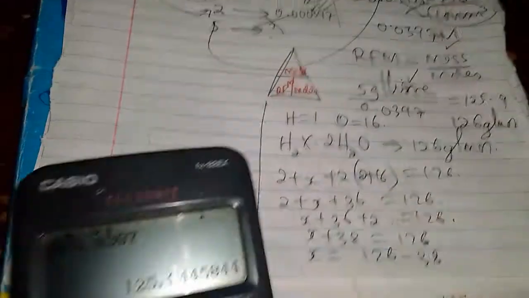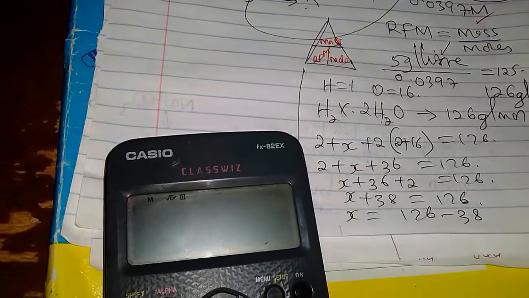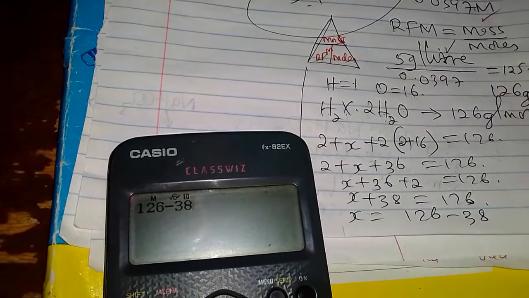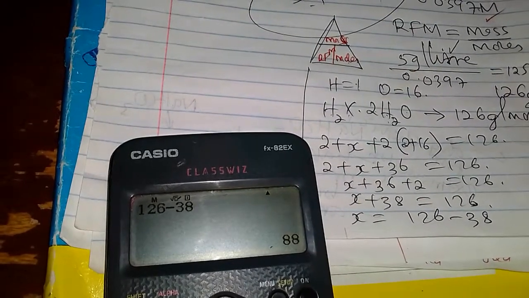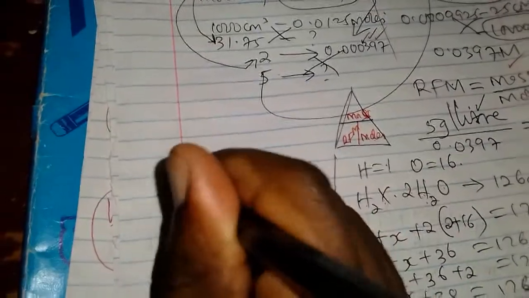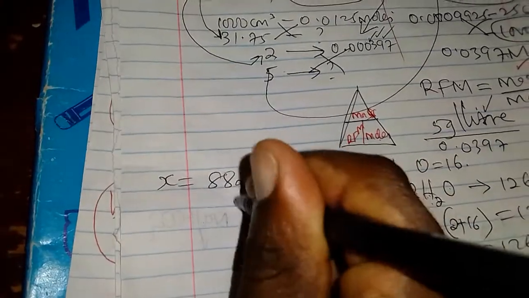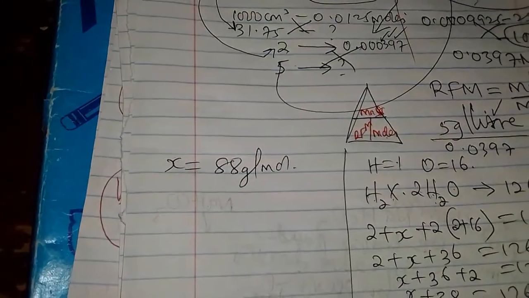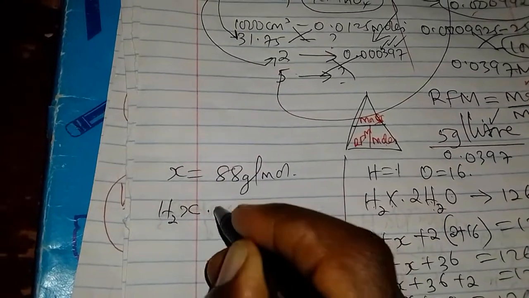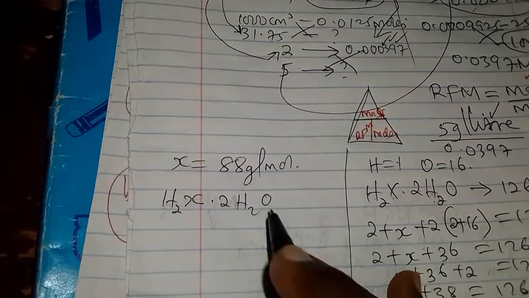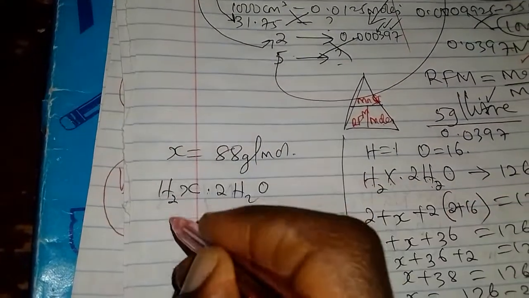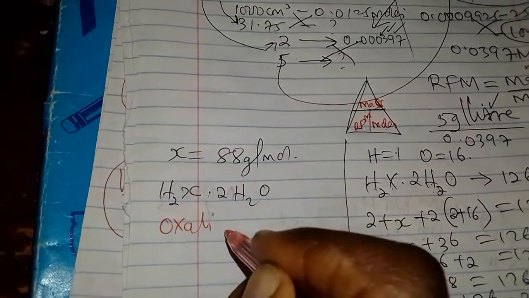Good. So we are going to take 126 minus 38. We are going to get 88. Very good. So the value of X is equal to 88 grams per mole. Now if you have H2X with 2 molecules of water of crystallization, in chemistry this is an acid called oxalic acid.